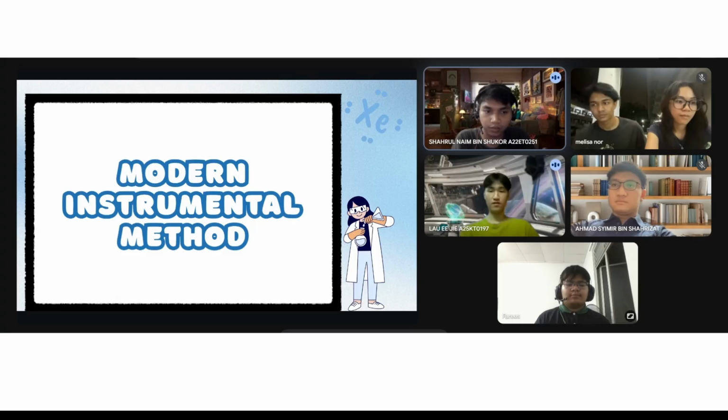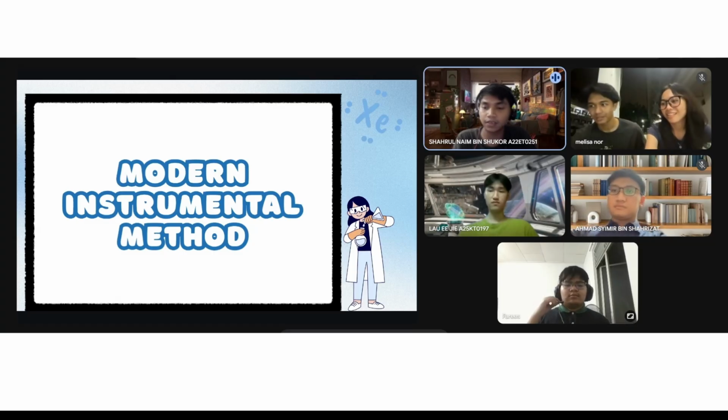As the glucose exits the column, a detector measures its signal and generates a chromatogram. The area under the glucose peak is directly related to its concentration. And lastly, HPLC provides highly accurate and precise measurements, and can analyze multiple compounds simultaneously.